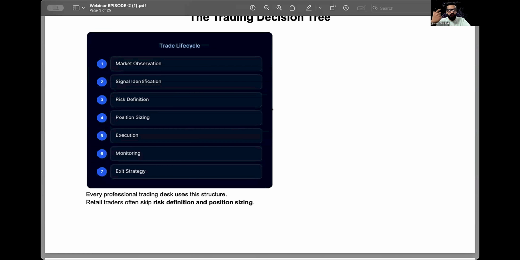The decision part starts for the trade, and when it starts, the analysis of risk definition starts. Professional traders don't operate with more than 1 to 2% risk per trade, while a retail trader goes heavy duty with 20 to 50% risk per trade. That's how there's a huge difference between the strategies of a retail trader and a professional trader.